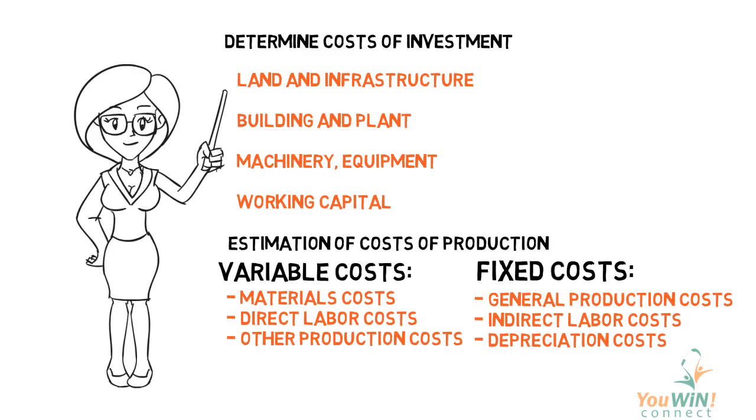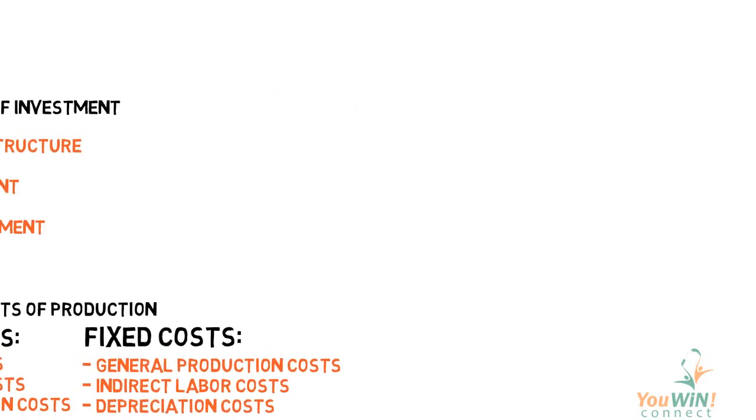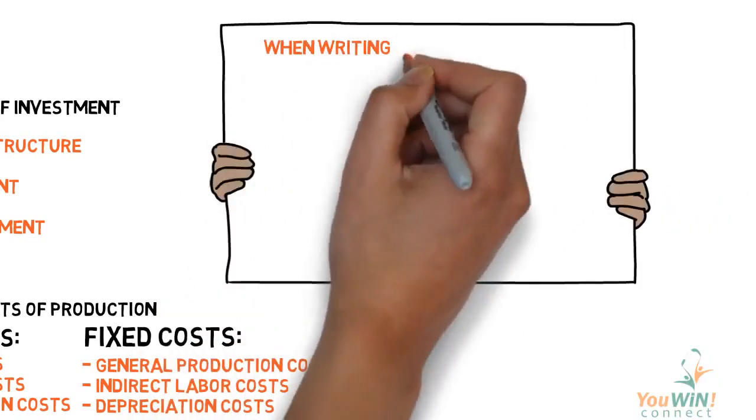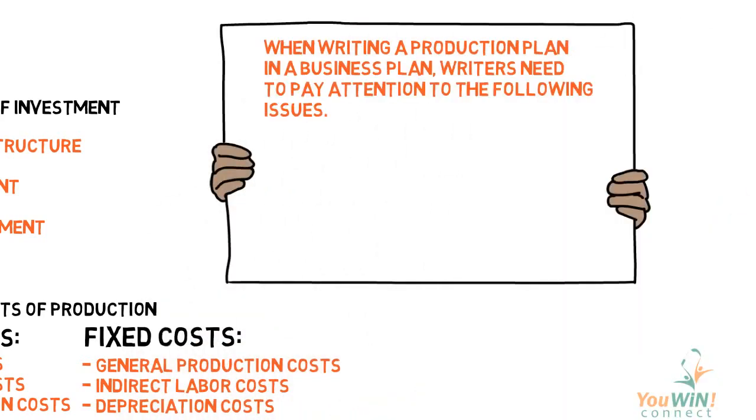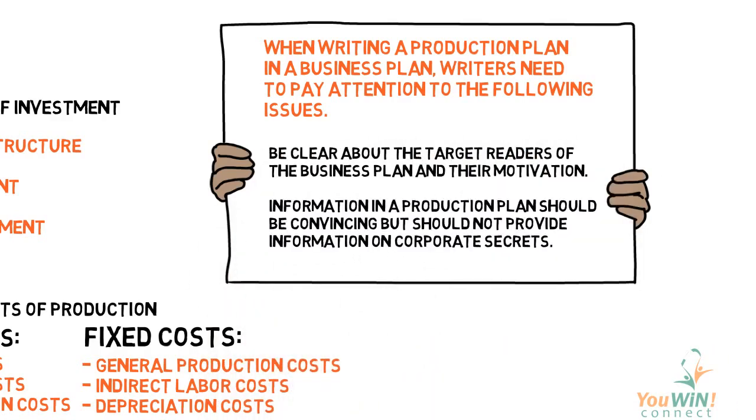In closing up the discussion on production planning, a few things that we need to note and be aware of. When writing a production plan in a business plan, we need to pay attention to two main issues. First, you have to be clear who the target readers of the business plan will be and what's their motivation.